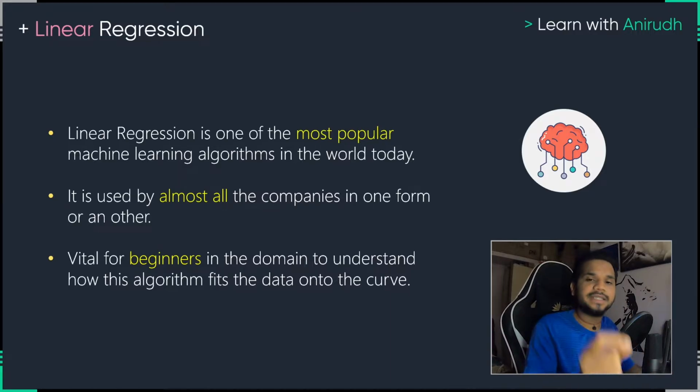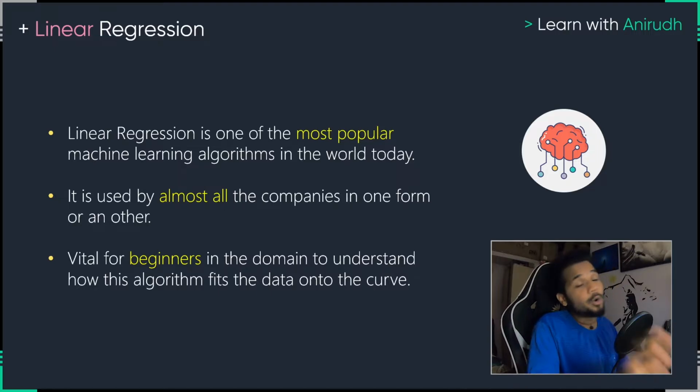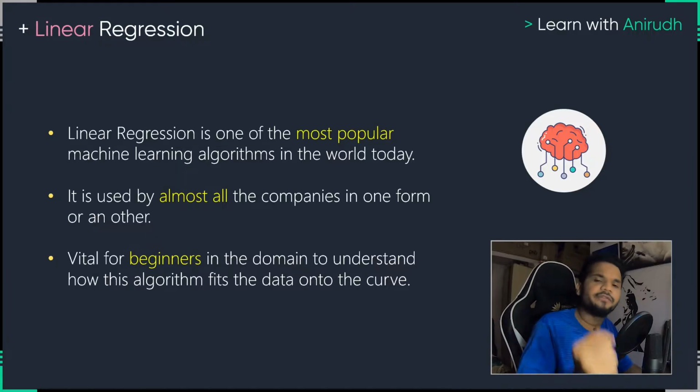Now, you would have used a simple concept when you guys actually learnt linear algebra, the equation of a straight line y is equal to mx plus c or y is equal to mx plus b. Well, that actually takes center stage here in linear regression. So understand at this moment of time that if you're a beginner who's looking to enter the domain of machine learning in the year 2022, linear regression is something that you definitely have to know.